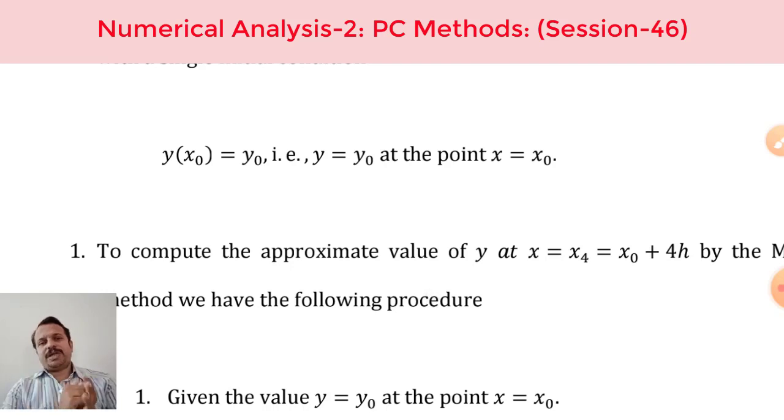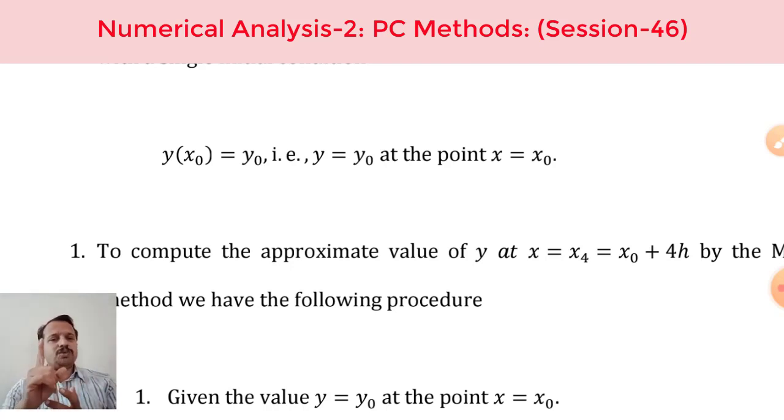Therefore, in the formula, we had y1 equal to something, in both predictor and corrector formulas. But here we have something slightly different to observe. The point at which we want to compute the value of y is taken as x4. That is very, very important.